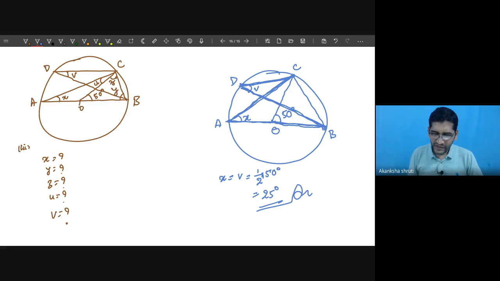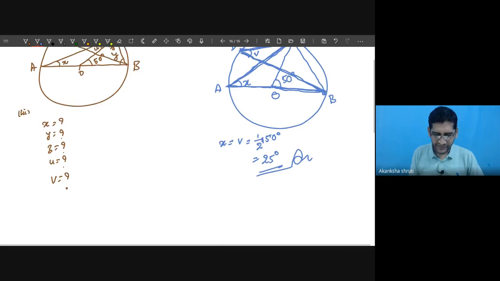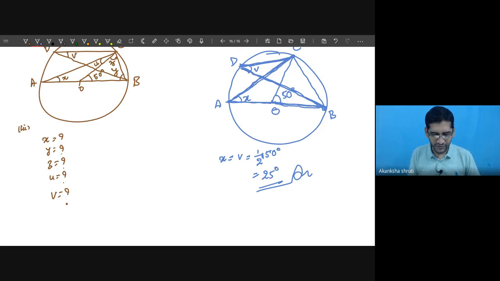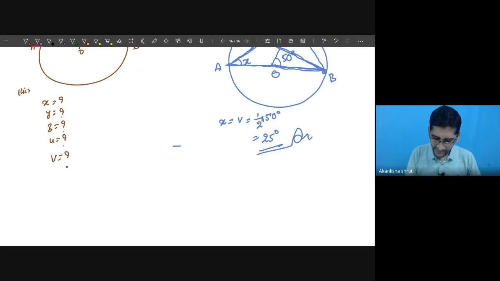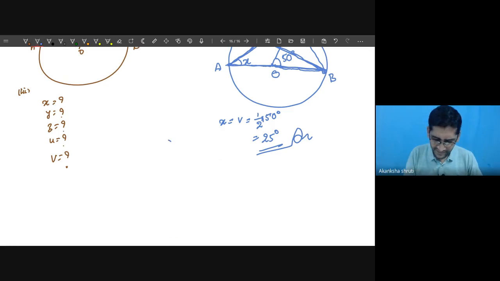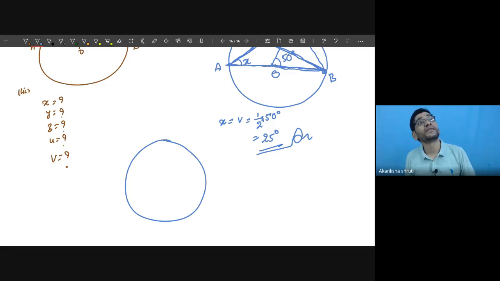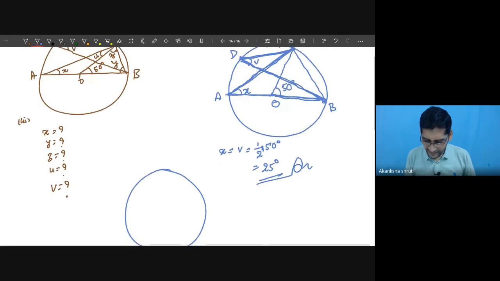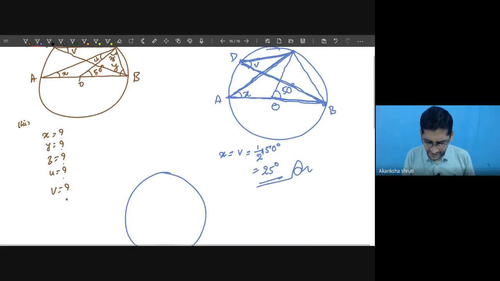Now you are asked for the other values, say Y and Z, all those things. Let me take one more figure. Students, draw the same figure, but be careful.